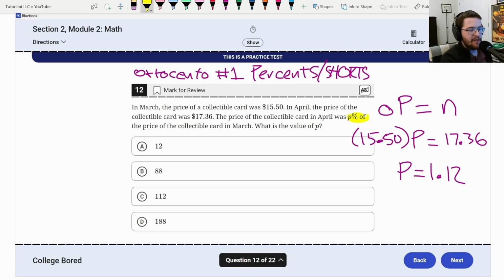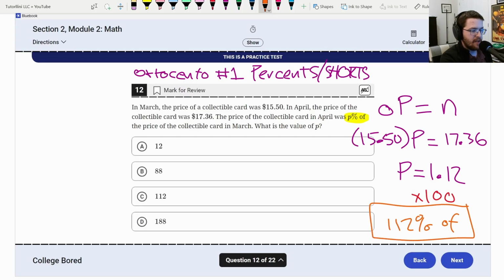It says p percent of. To go from a multiplier to a percent of, you multiply by 100. So this would be 112% of. And that is answer choice C. Lots of people probably picked A, which is wrong.